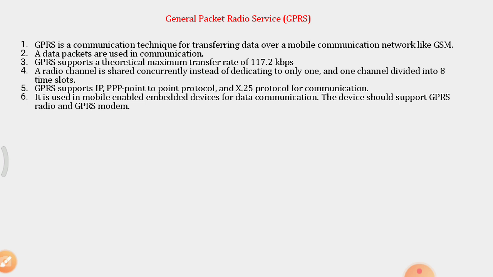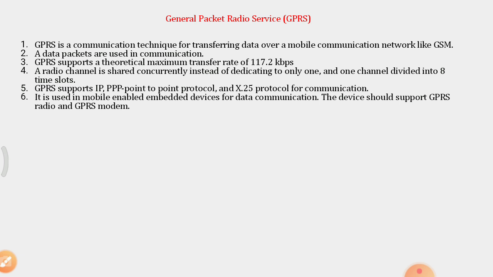A radio channel is shared concurrently instead of being dedicated to only one device, and one channel is divided into 8 time slots. By using any of the time slots, a device can communicate with another device.